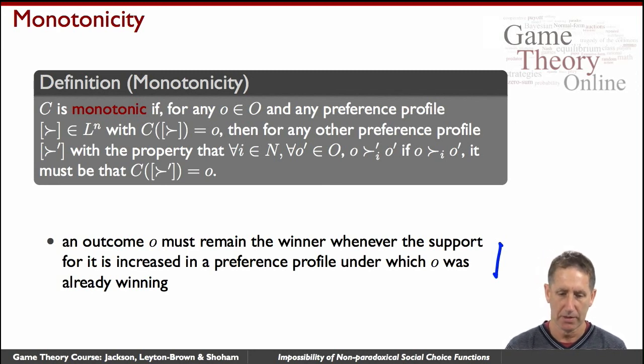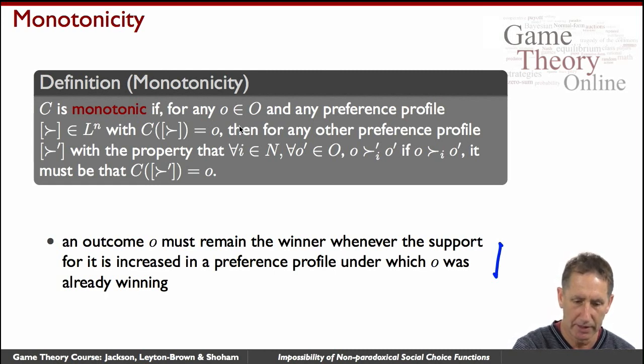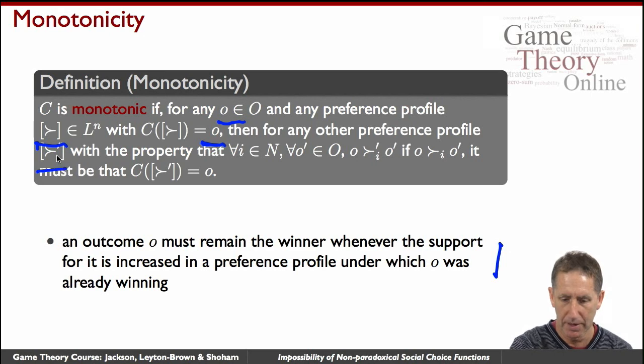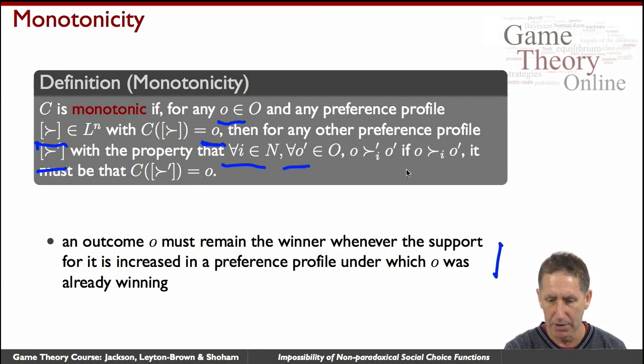So formally speaking, we'll say that the social choice function is monotonic if we take any candidate O, and it's the case that for any preference profile, this one over here, if under this preference profile O is selected, then if we look at any other preference profile that has the property that for every agent and every other outcome O prime, if under the original preference O was preferred to O prime, it is also under the new preference.